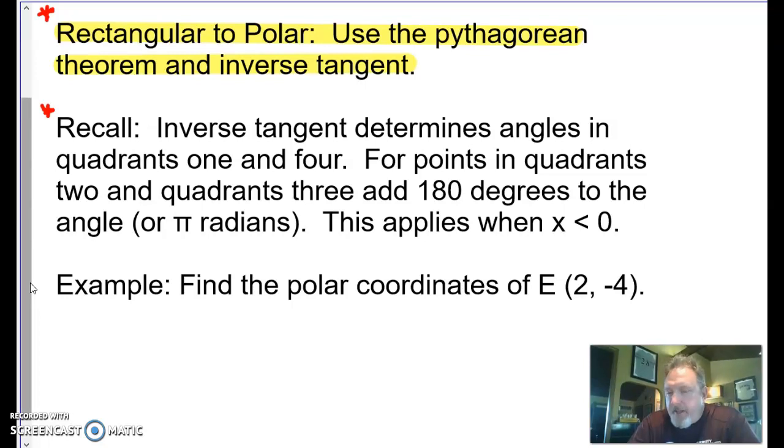For example, the point (2, -4) is in quadrant 4, so your inverse tangent is going to give you your answer, and that's okay. If you were at (-2, -4), then you're going to have to add 180. We'll go through that as we go.